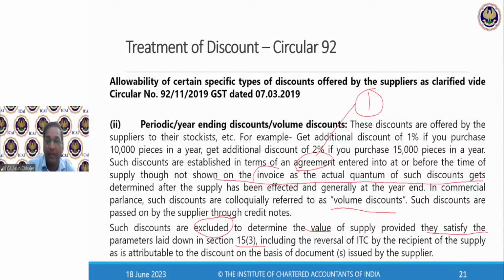Agreement has to be there, linked to the relevant invoice, and the ITC has been reversed by the recipient. If the 3 conditions are satisfied, then the discount will be excluded from the value, meaning thereby the supplier will issue the GST credit note.